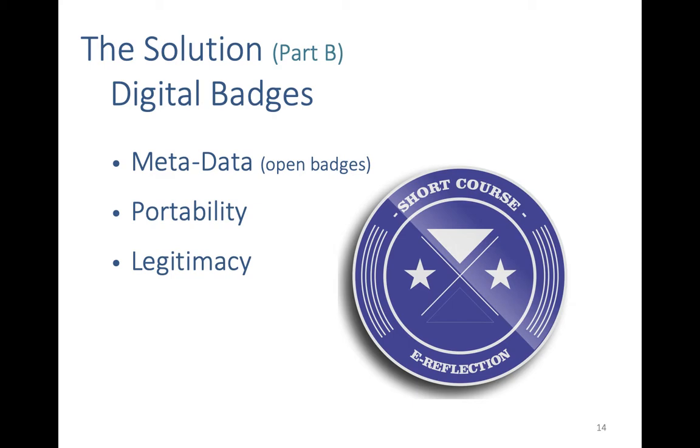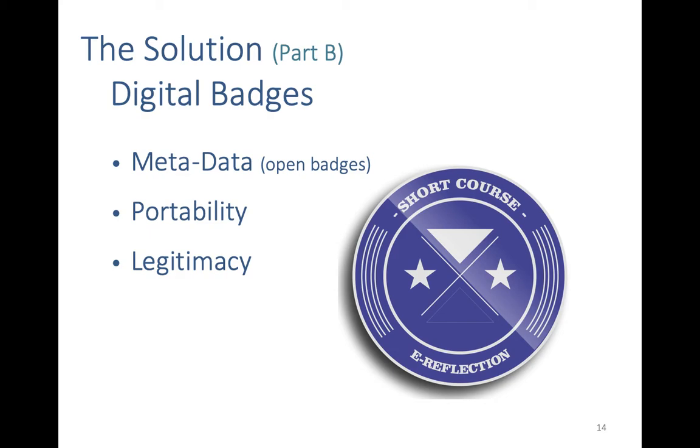So if you go back to the original challenge or problem that I was discussing about the opacity or the two-dimensional nature of transcripts and credentials, this is the opposite of that. You can actually click on it. You can click, so to speak, on that B on the transcript, and you can find out exactly what that student did to get that credential. In fact, this is the way that the whole world is going to be going in terms of electronic credentialing.